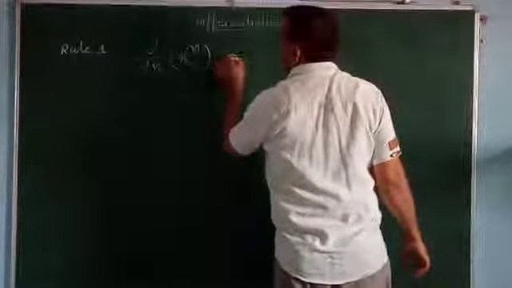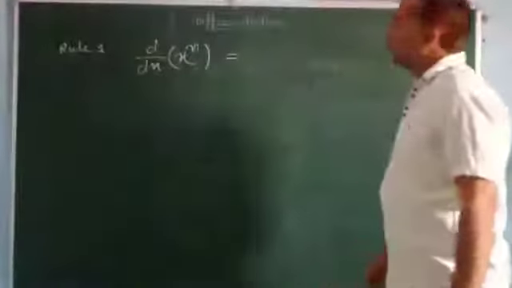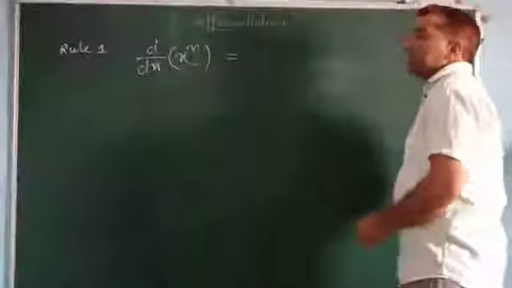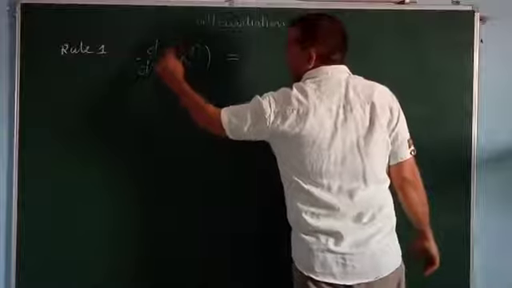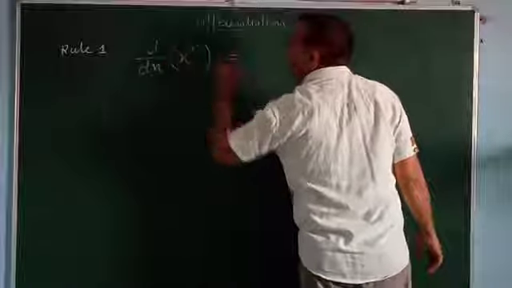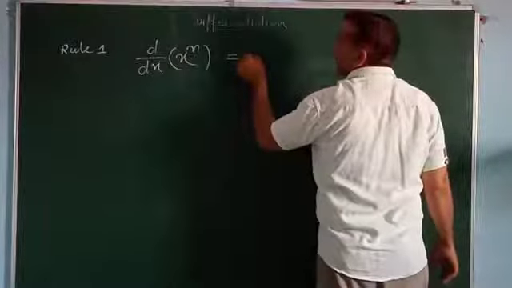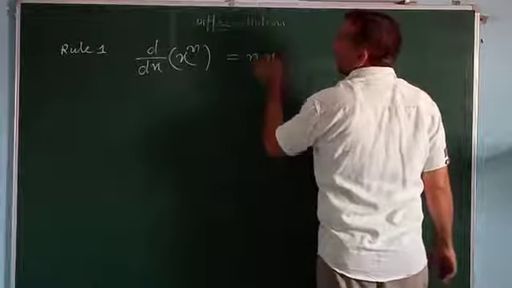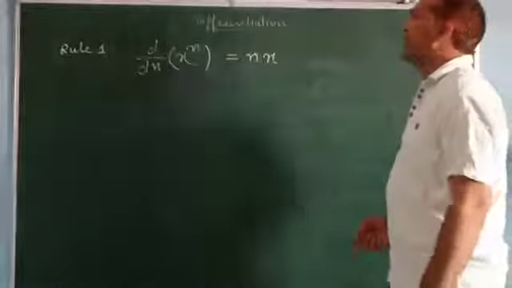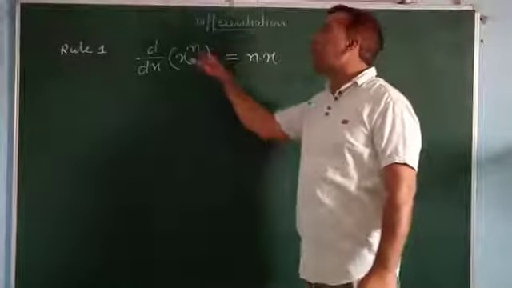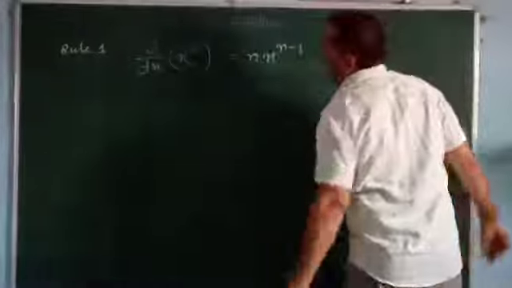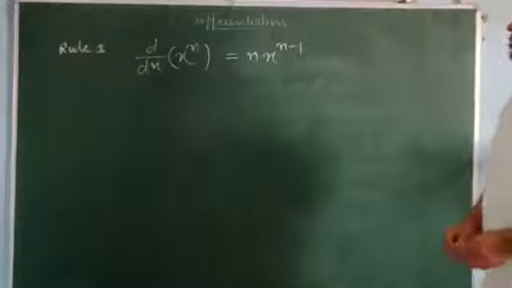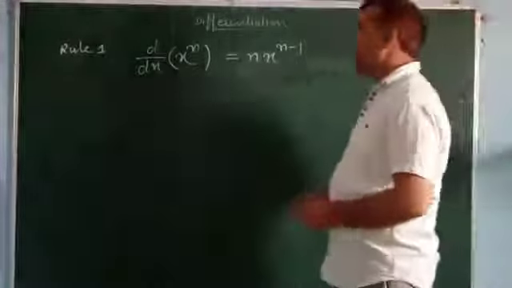Any function in this form, the derivative will be: first you take n multiplied with x, that is n into x, and after that you subtract 1 from the power, that is n minus 1. Friends, I hope you are understanding.